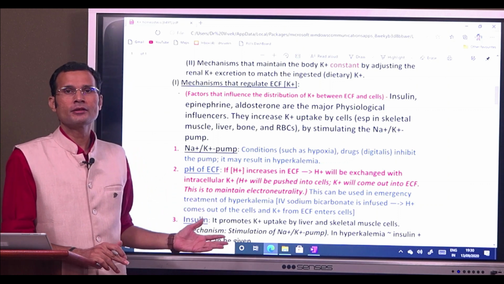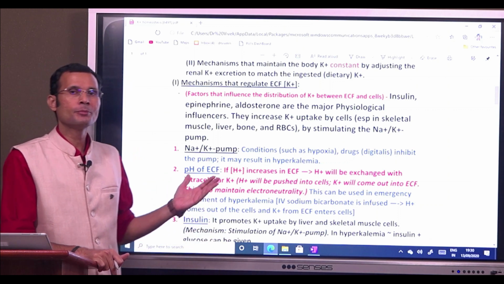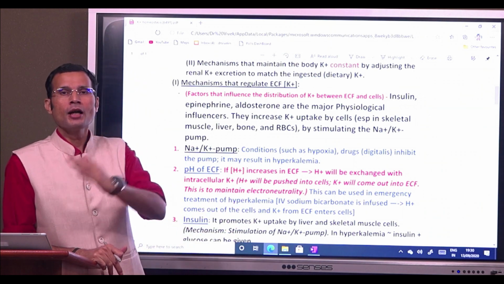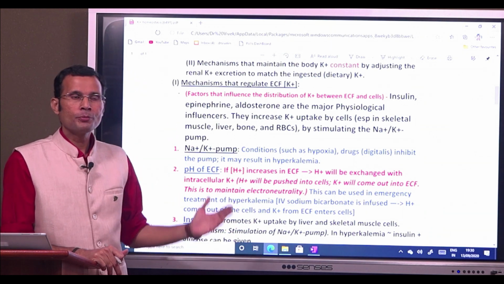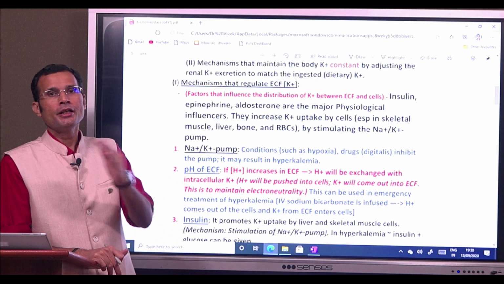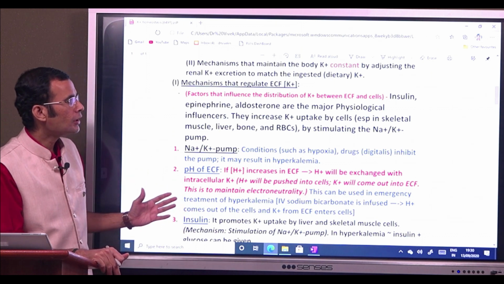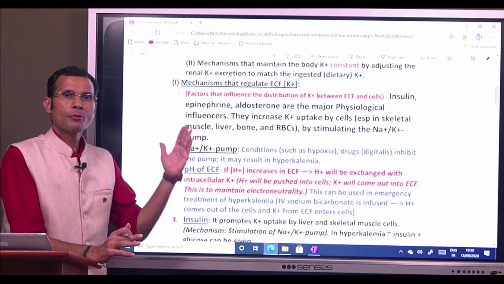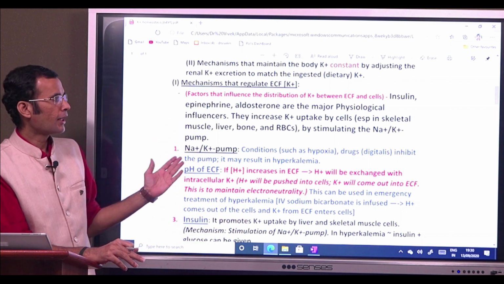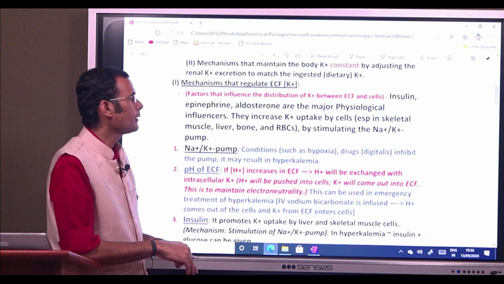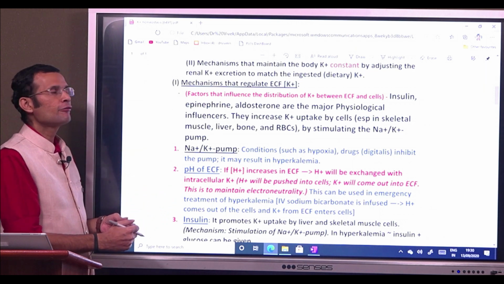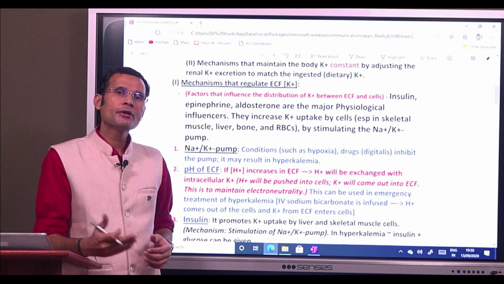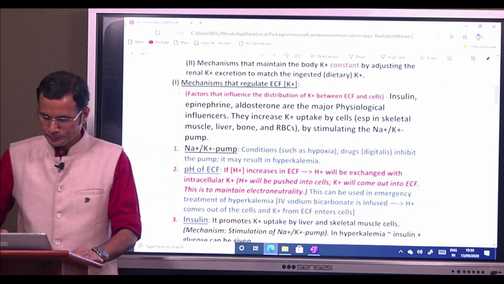We've already seen this. The sodium potassium pump brings the potassium from outside the cell, or from the blood, into the cell. So it will push the potassium into the cell, from plasma into the cell, as we've seen previously, and that is how they will influence the potassium levels.